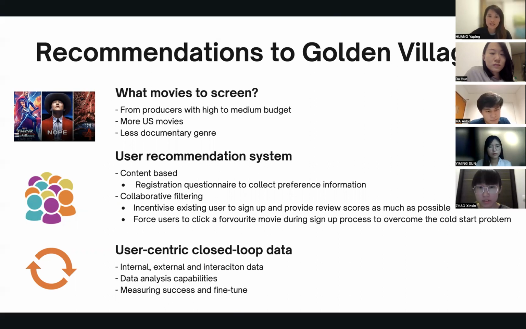On the recommendation system, for content-based recommendation, it can ask its users to fill up registration questionnaire so that the preference information can be collected. For collaborative filtering, Golden Village can incentivize existing users to sign up and provide review scores as much as possible.